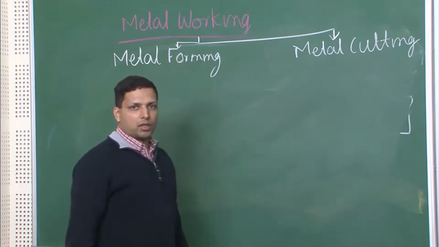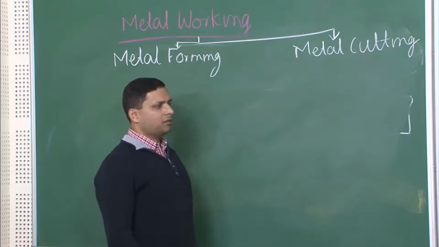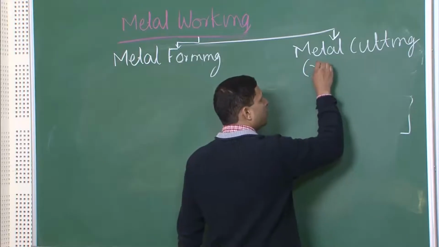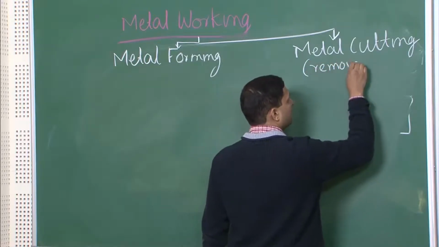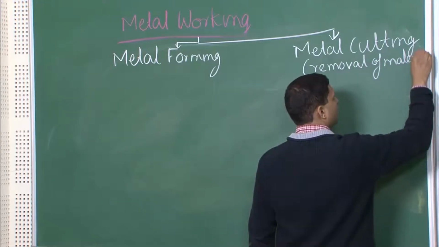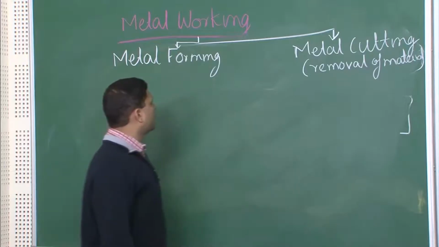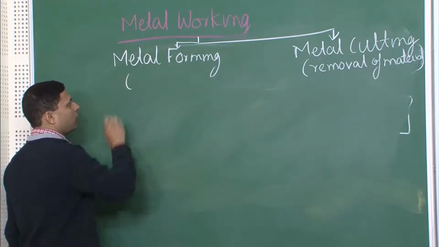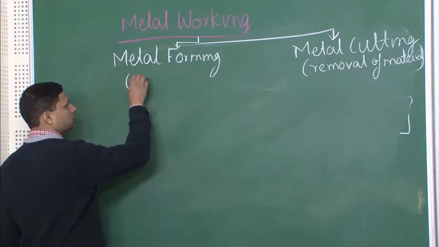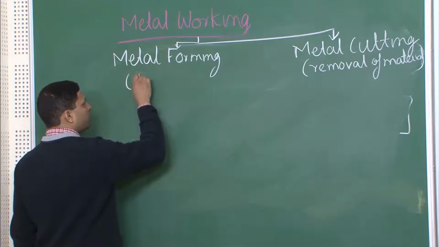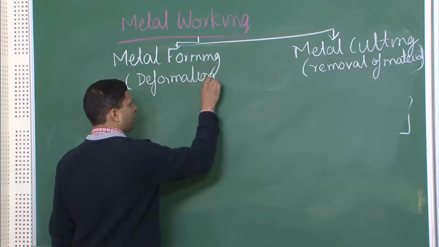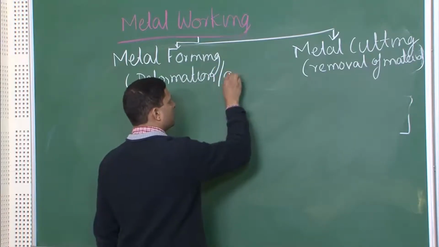All the machining processes like drilling, grinding, machining, all these come under metal cutting, so you are involved with removal of material. In metal forming you are always involved with some kind of deformation or giving shape to the metal.